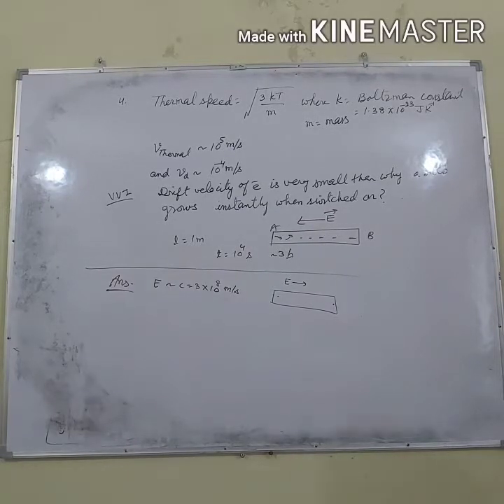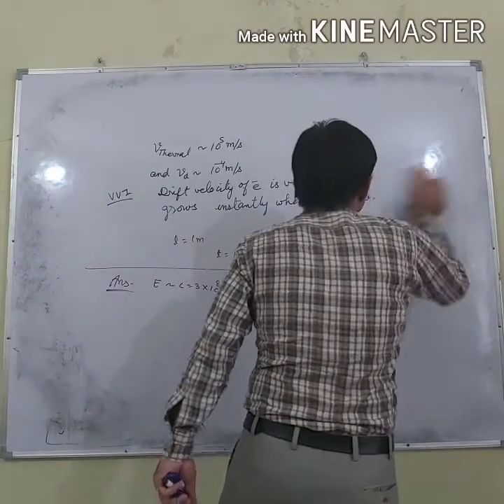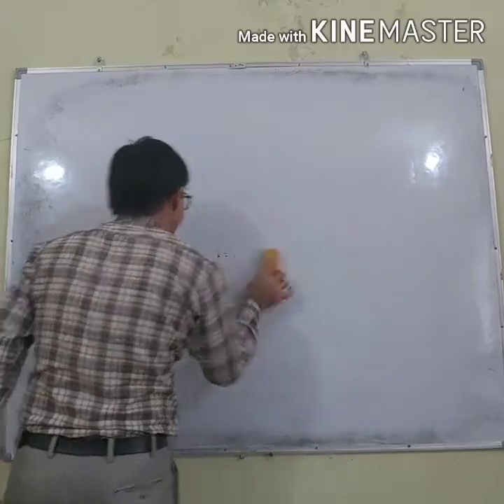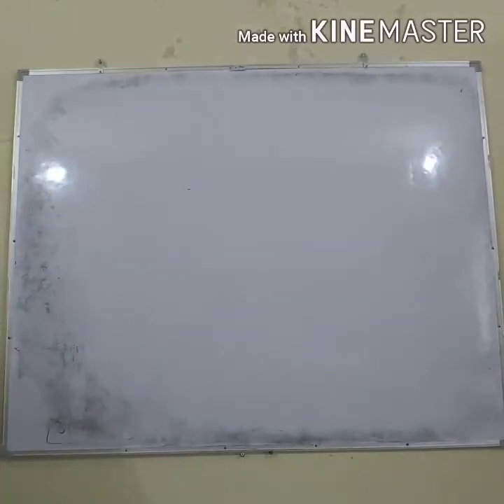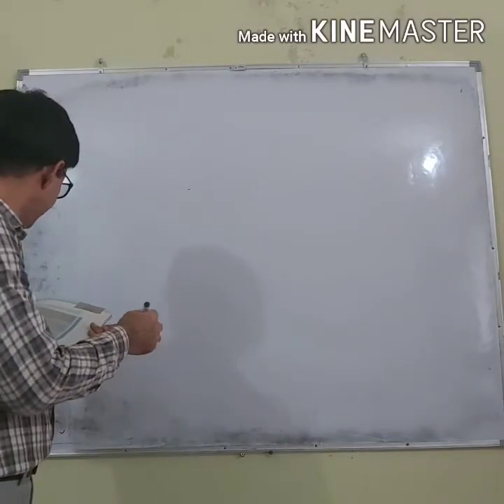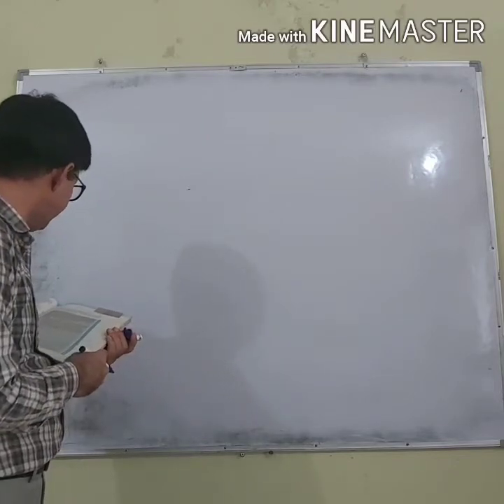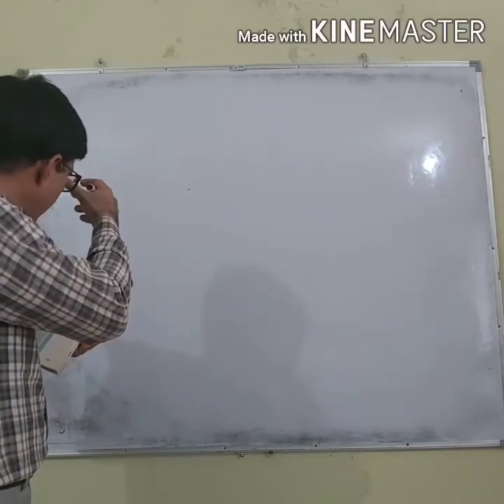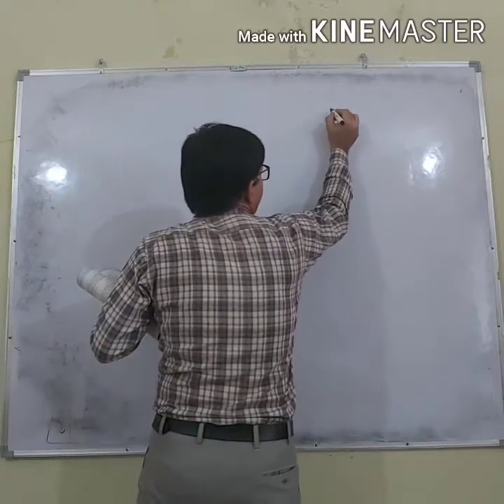Now let us do a question which is based on the drift velocity. It is an NCERT question, and a challenging question. What is given? Calculate the average drift speed of conduction electrons in a copper wire of cross section 1 × 10^-7 meter square.